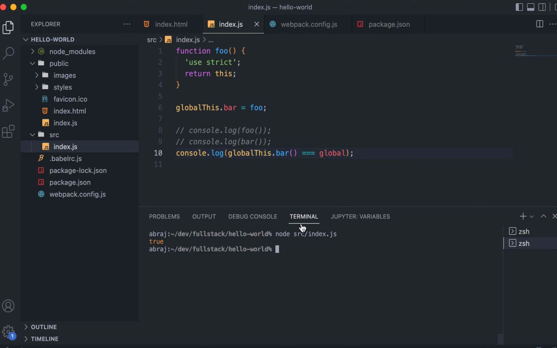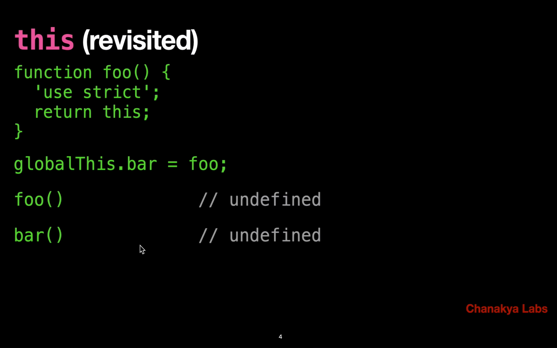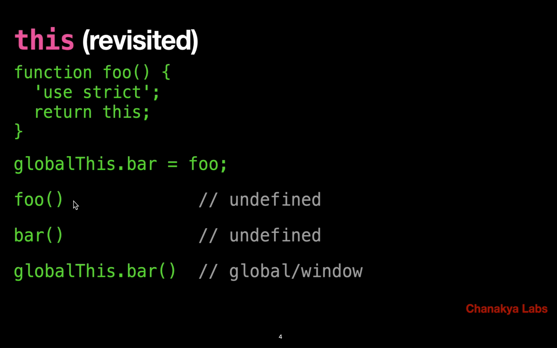Okay, now why is this happening? What I was trying to say is that if you simply call foo, if you simply call bar, in both cases it is undefined because of global context. In case of globalThis.bar, it is giving us the global object, right? Why? Because again you see how this bar is called.